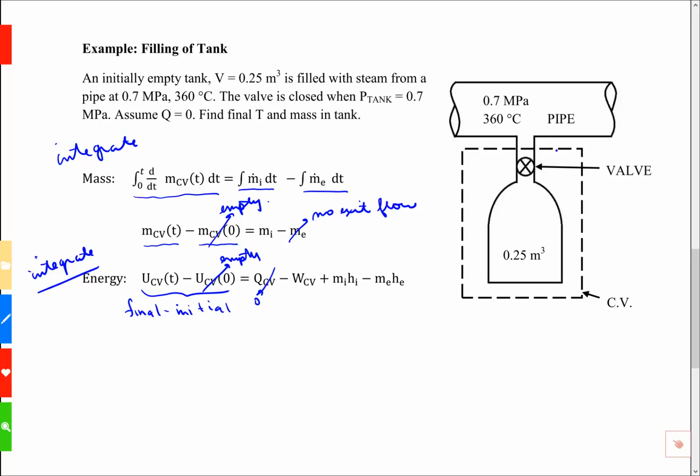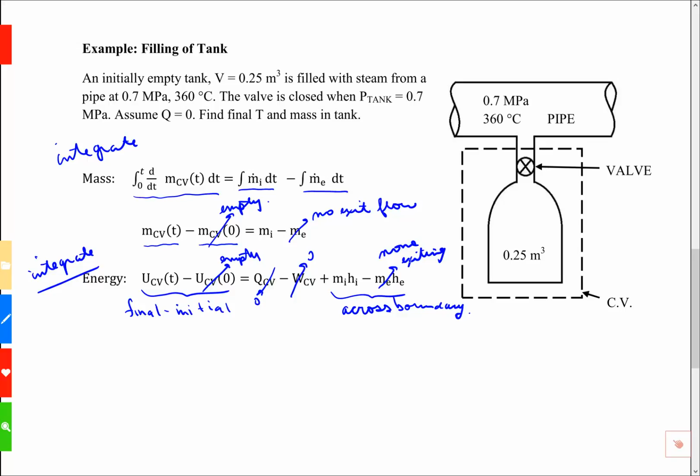The control volume boundaries are fixed, and I'm going to say that the tank is rigid, so there's no work associated with the pressure volume work. The enthalpy multiplied by mass flow term, when it's integrated, becomes mass times enthalpy. Again, these are the terms associated with something crossing the boundary. And we're going to say there's none exiting. We get flow that's coming in only. So quite a bit of reduction here.